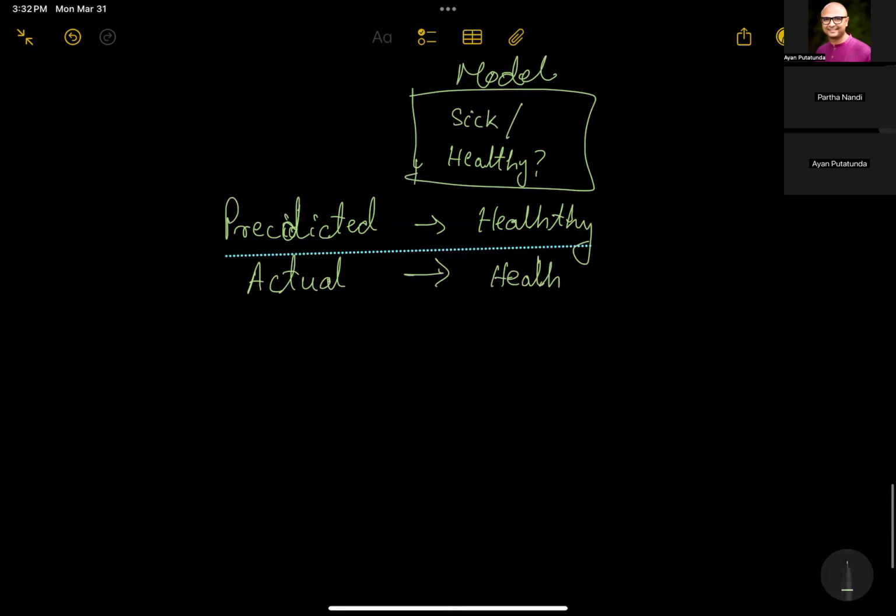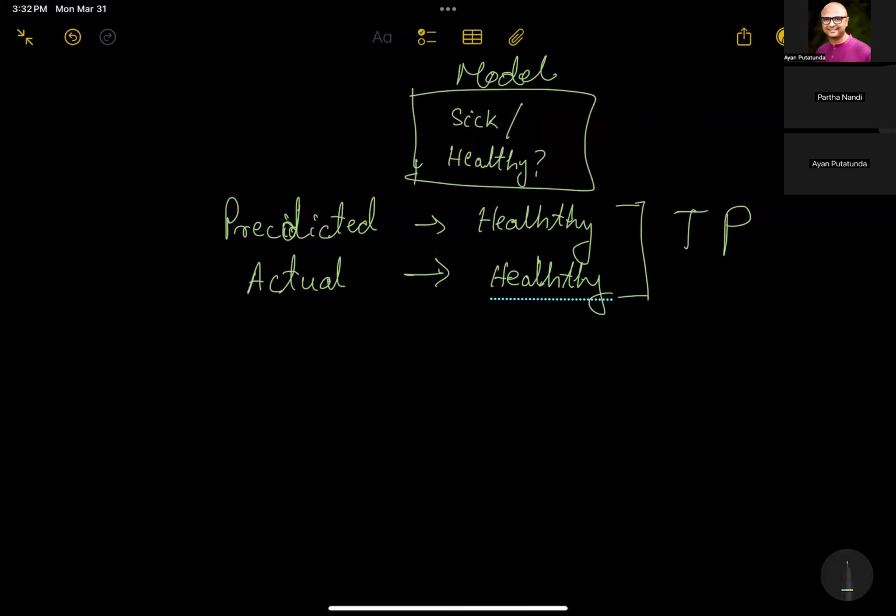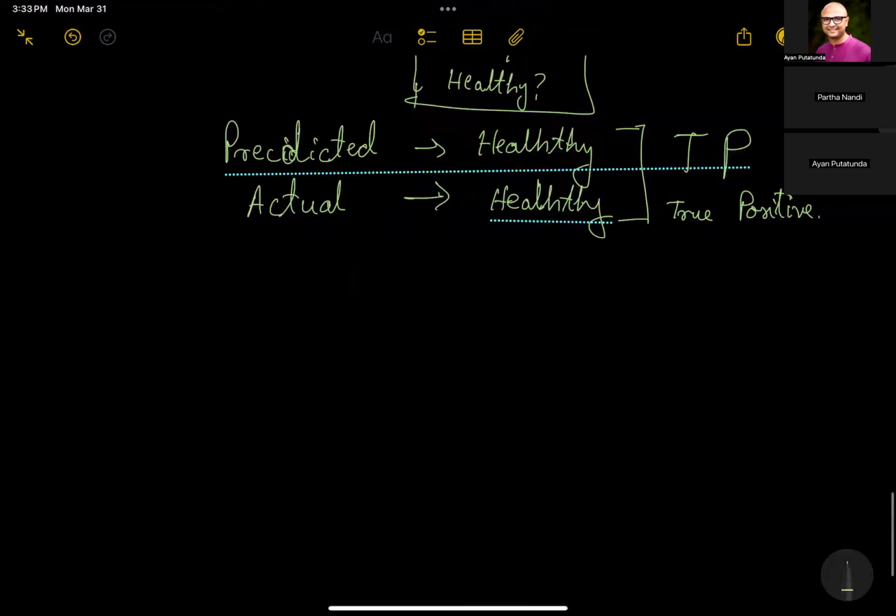This is a good case. This type of prediction is called true positive. Write it down, because this is very important.